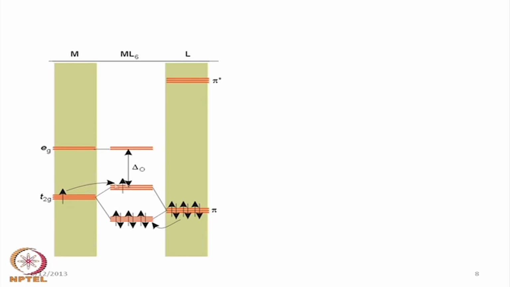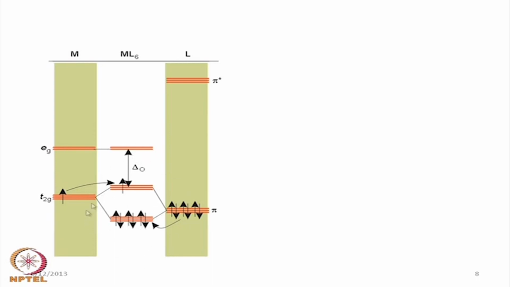Though this is an antibonding level in terms of the molecular orbital picture in LFT, this can be the ground state because we have the Eg level above. In terms of the sigma interactions, we have seen that the Eg star level was above the T2g level, where T2g was the non-bonding level.